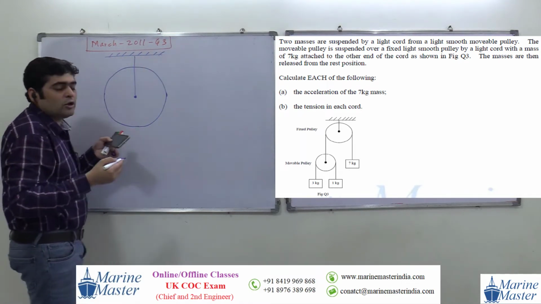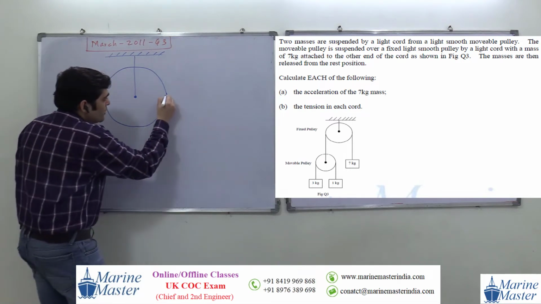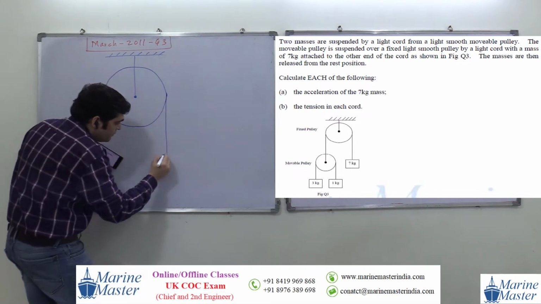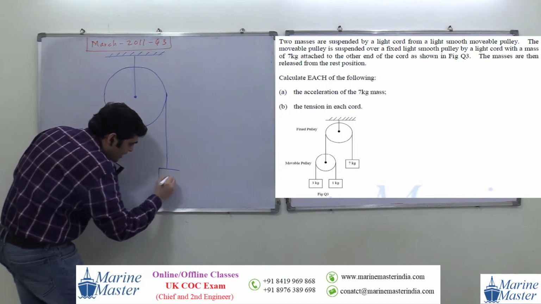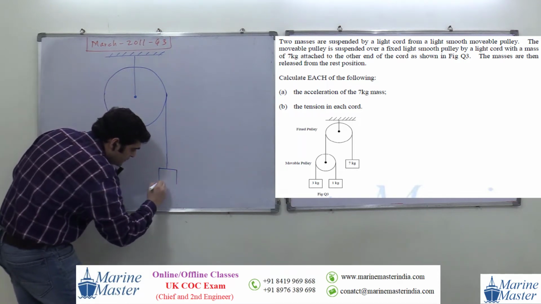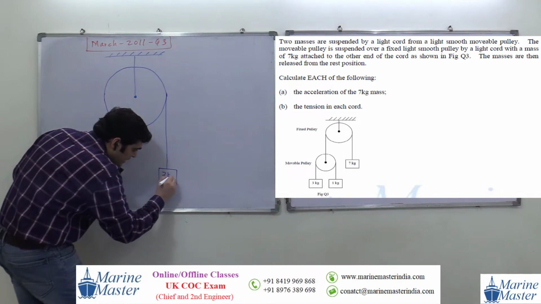Then on one side of the fixed pulley, what do we have? This is a 7 kg mass.